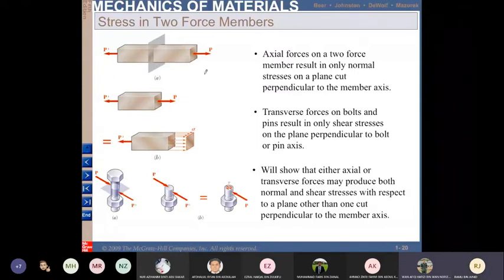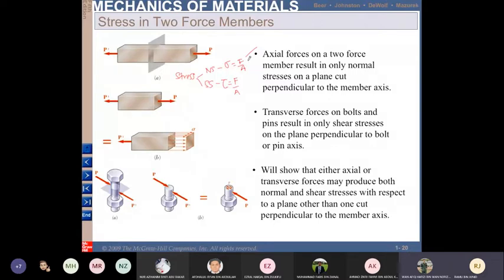As I said last time, we have two types of stress. First is normal stress, written as sigma equal to F over A, and shear stress, written as tau equal to F over A. So the difference is only in terms of the direction.